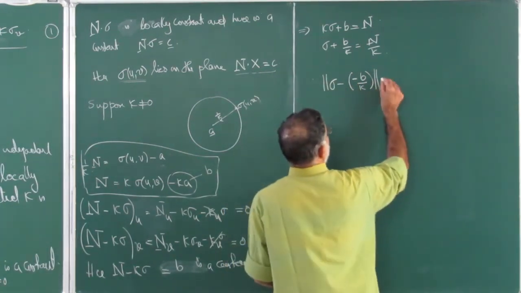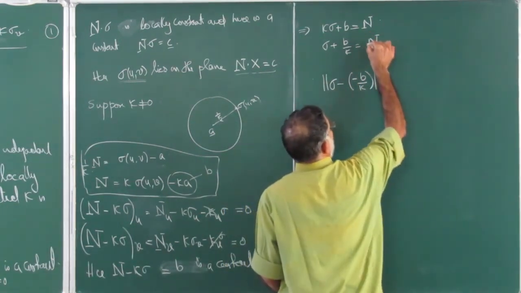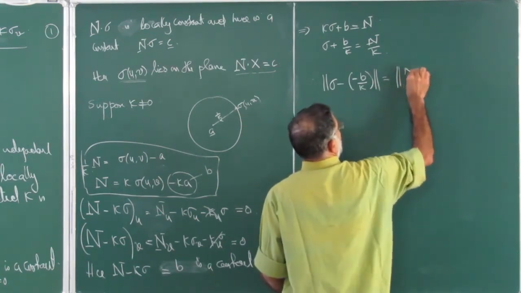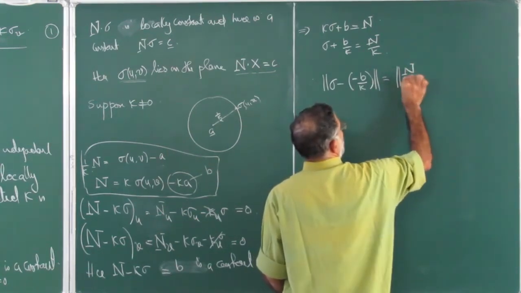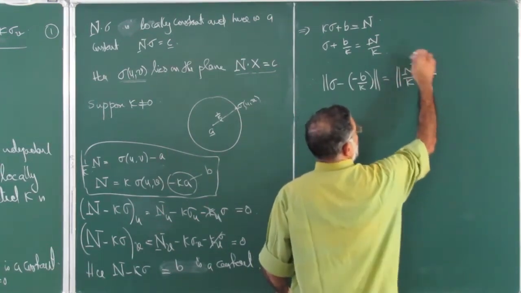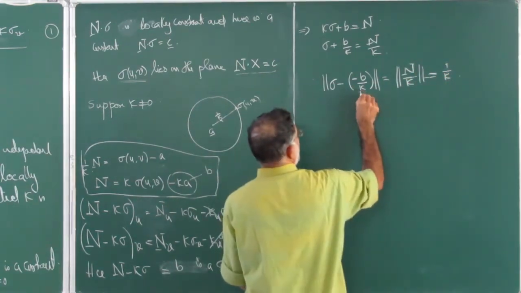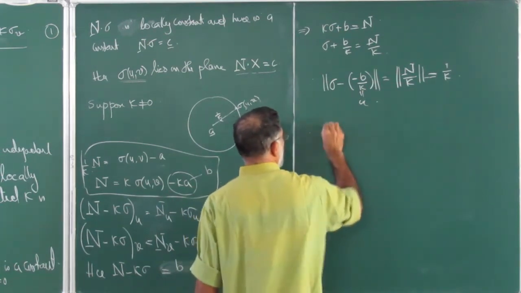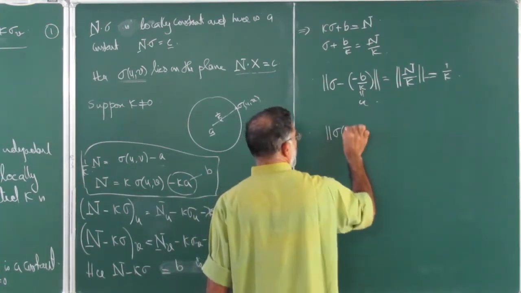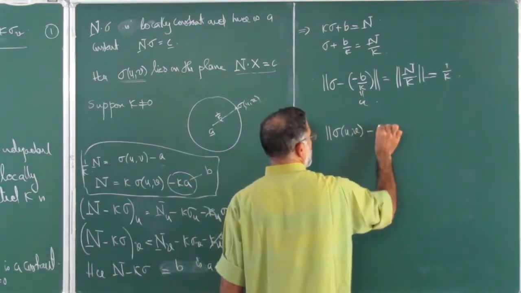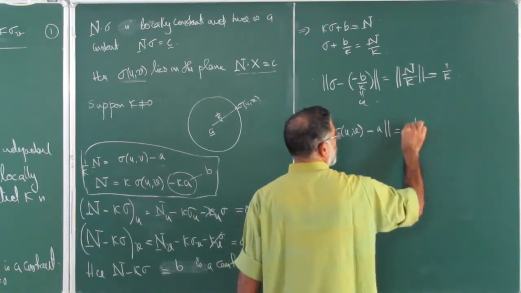Norm of sigma minus this is equal to norm of that. But norm of n is 1, so that is equal to 1 upon kappa, and call this a. So therefore norm of sigma uv minus a is equal to 1 upon kappa.